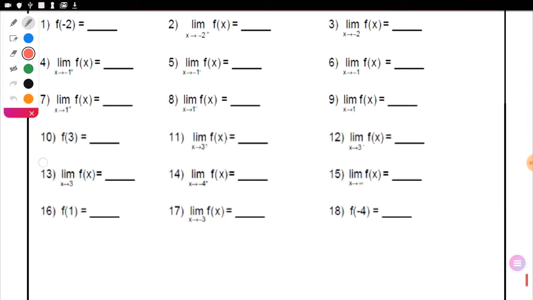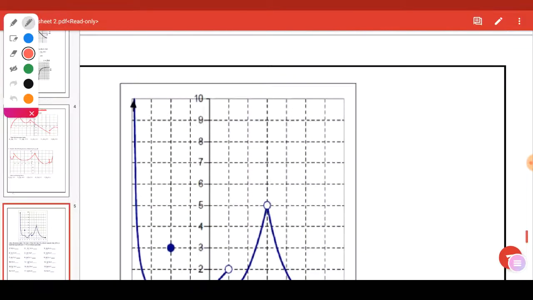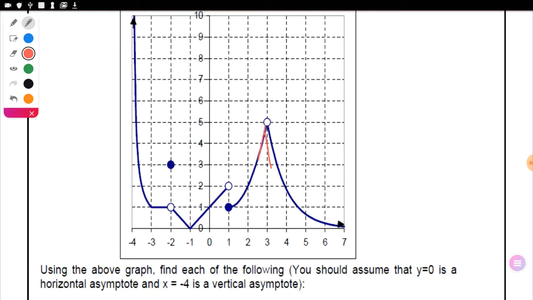Here, I would like to find the limit of f of x when x approaches 3. Since the behavior of the function from right is the same as from left, the limit of f of x when x approaches 3 is what? 3. Sorry, 5. I'm sorry.